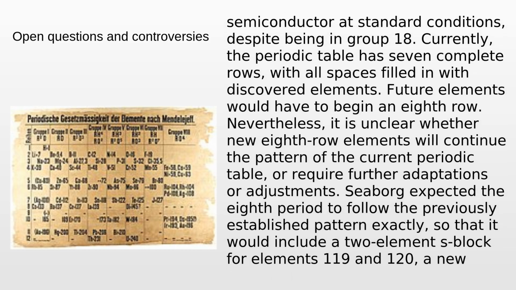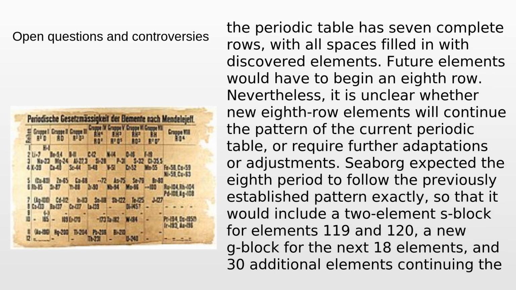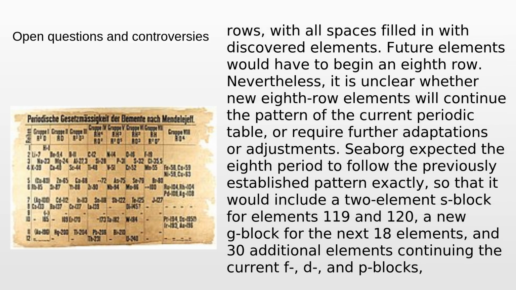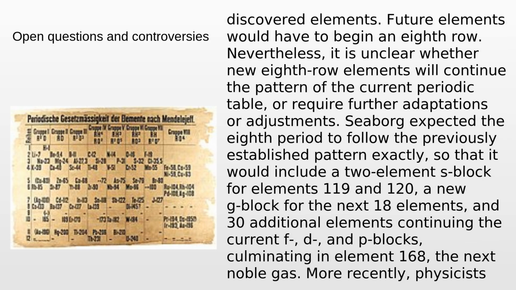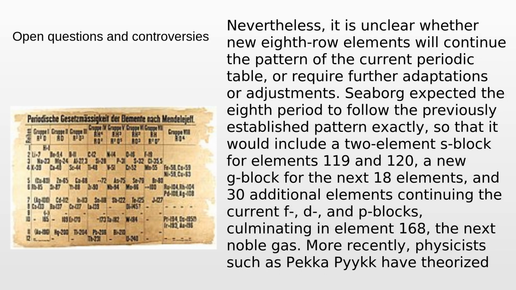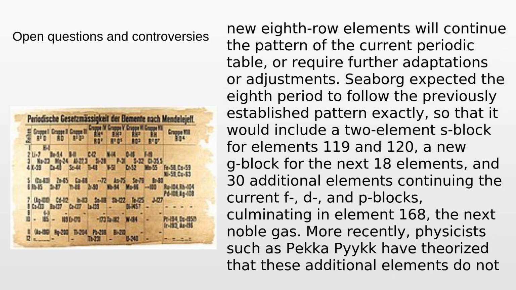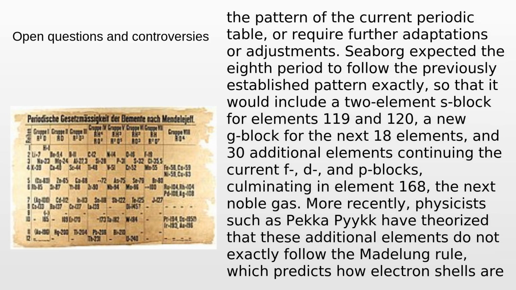in group 18. Currently, the periodic table has 7 complete rows, with all spaces filled in with discovered elements. Future elements would have to begin an 8th row. Nevertheless, it is unclear whether new 8th row elements will continue the pattern of the current periodic table, or require further adaptations or adjustments.